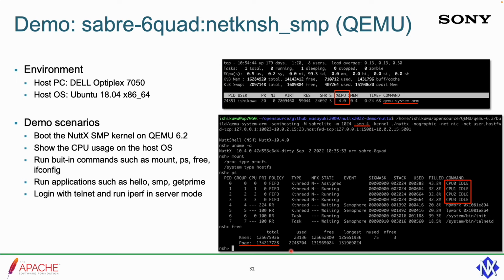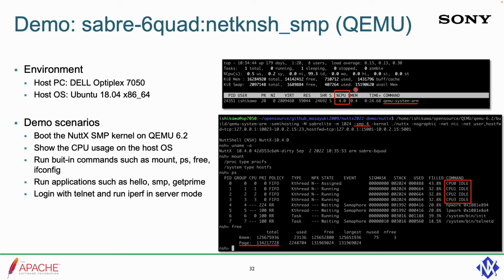Before starting the demo video, let me explain the demo scenarios. In the demo video, I will demonstrate the NuttX SMP kernel on QEMU 6.2. The kernel is configured to use ARM Cortex-A9 4 cores with MMU, and total CPU usage can be seen with the top command on the host OS, like this.